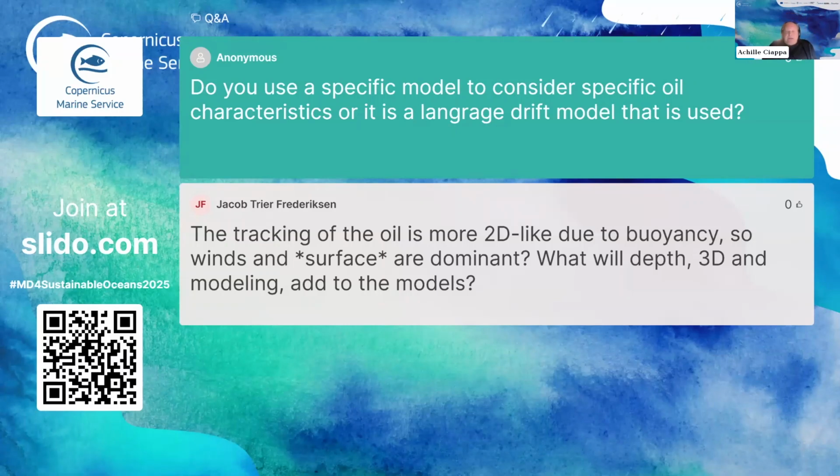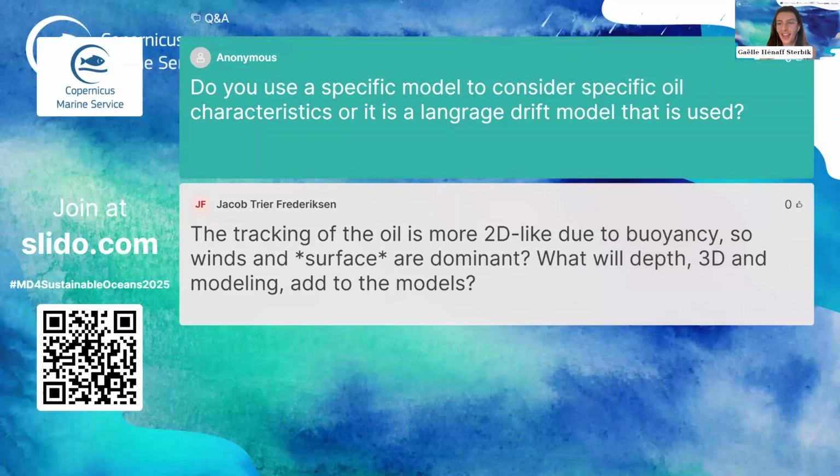So for this reason this type of oil is not considered. Also because if most of the oil evaporates anyway, only a little fraction of the oil will reach the coast. The answer is, from a technical point of view, a Lagrangian risk model is used.